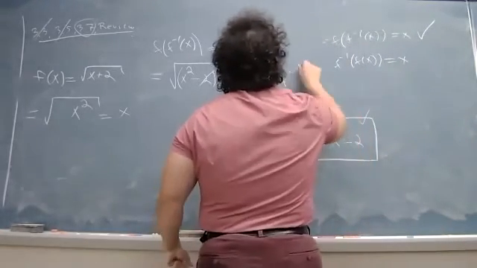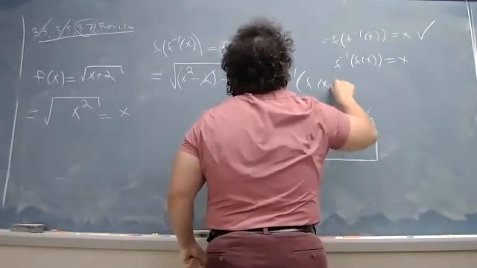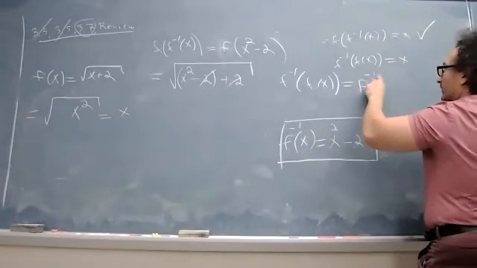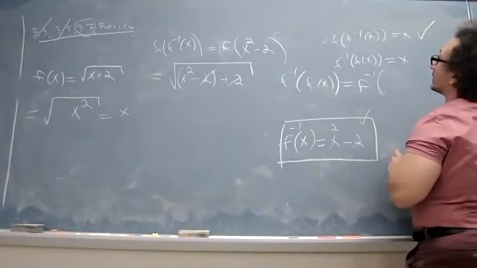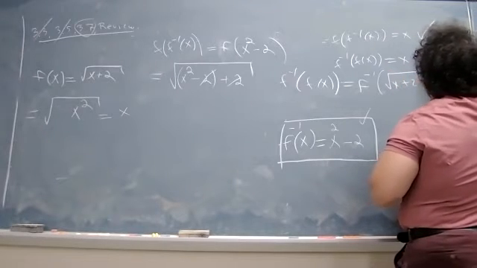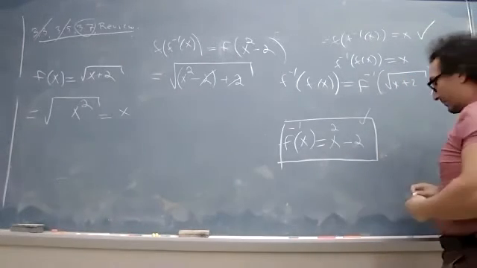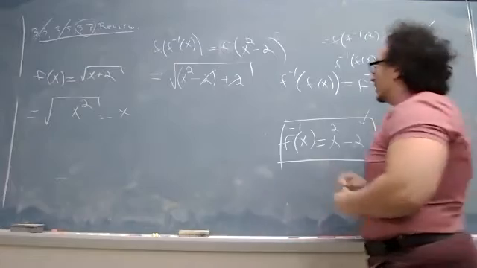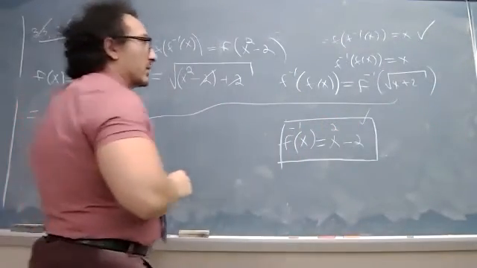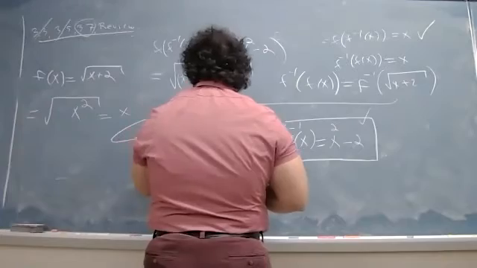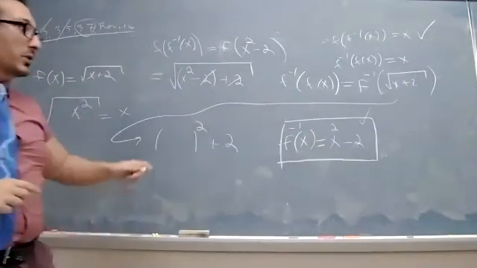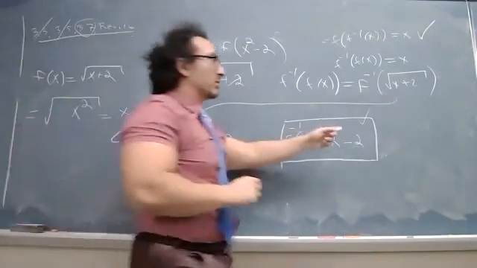What is f inverse of f of x? That's the same thing as f inverse of, what's my f of x? It's this, the square root of x plus 2. We're going to plug that into our turkey here. So let's get the turkey ready, and let's put inside the turkey the stuffing, the square root of x plus 2.